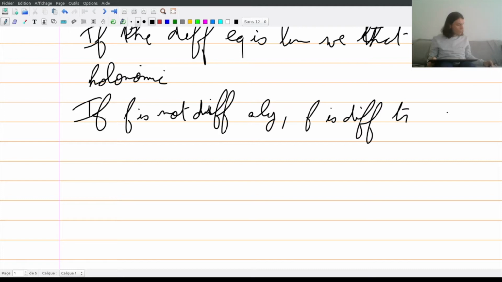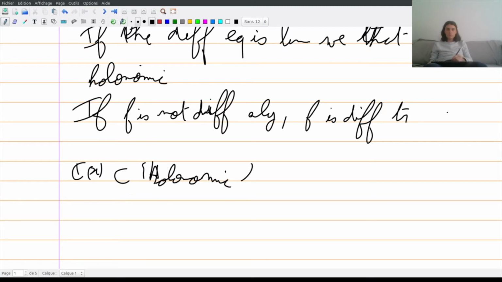You need to be able to take the inverse and to differentiate. So it gives a new element in a class of functions. So for instance, C of Z is included in the set of holonomic functions. But it's also included in the set of differentially algebraic functions.